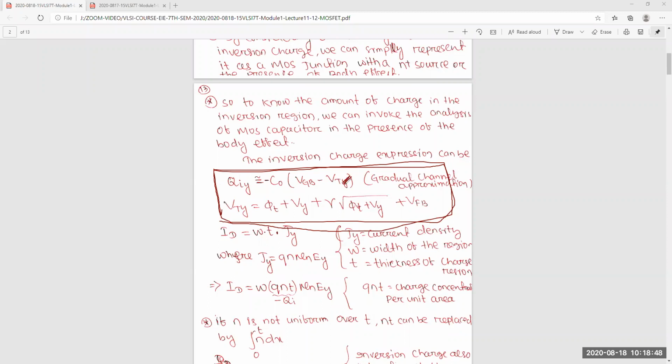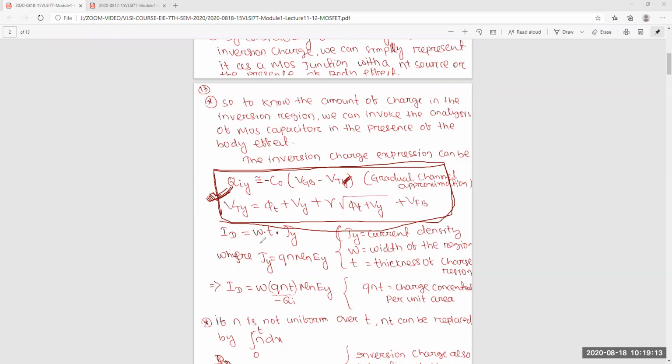In the y direction the charge is changing, and the voltage is also changing. That's why VTy and Qy we have mentioned. These two things you have already derived and understood. Yes or no? Yes, sir.